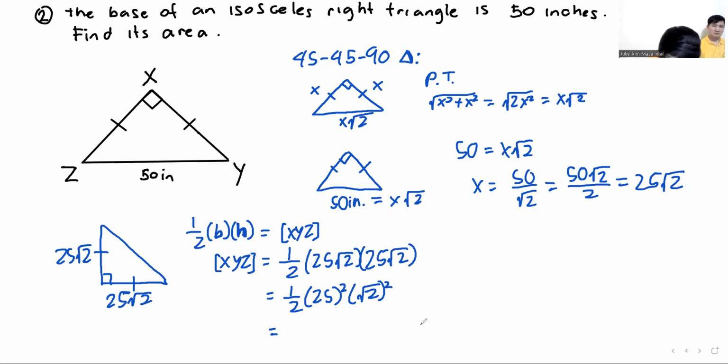Since square root of 2 squared is 2, and this is 1/2, we can cancel this. Therefore this is 25 squared, which is 625 square inches. It was said in the problem inches, so square inches. That's your answer.